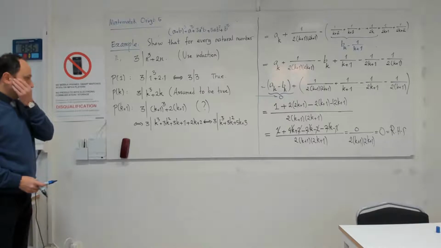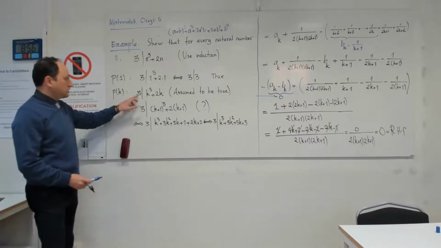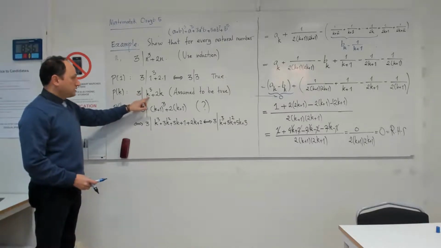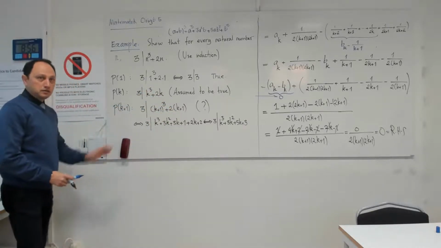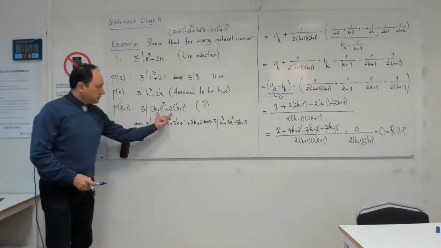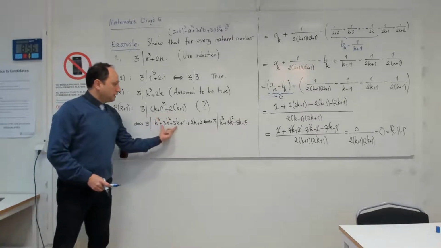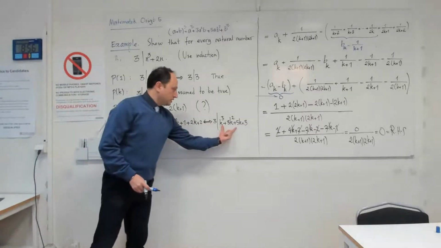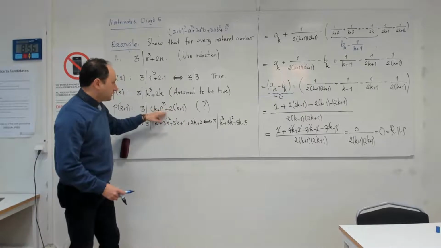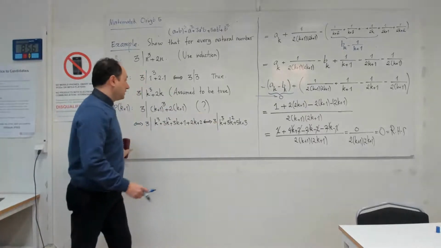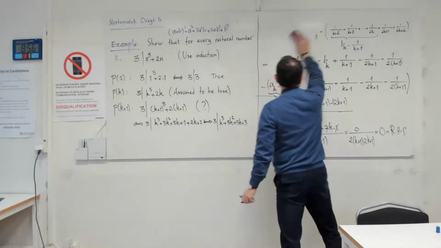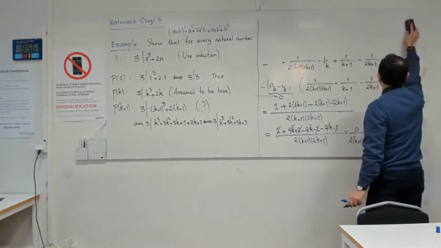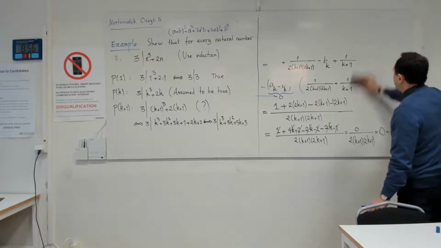I'm supposed to show that this is valid. So my assumption is that 3 divides this, but I want to show that 3 also divides that. So instead of proving this, I showed that this is equivalent from a mathematical point of view to this one. So instead of focusing to prove this, I will focus to prove this one. And then I think it's easy. It's not hard. So if you have forgotten the theorems, you don't need to remember them. You just use the definition of divisibility, yes?